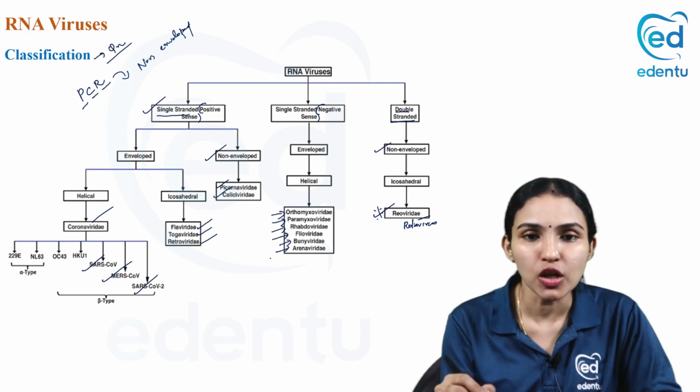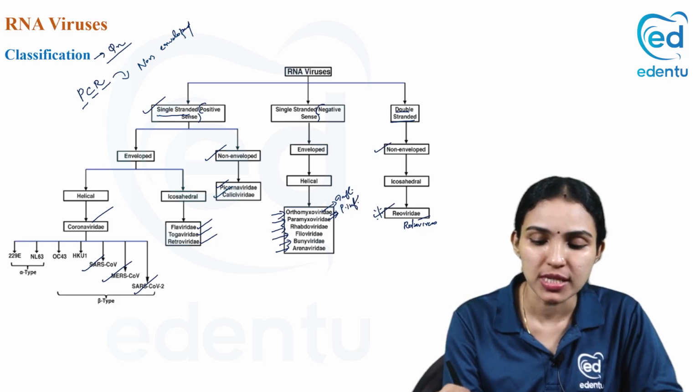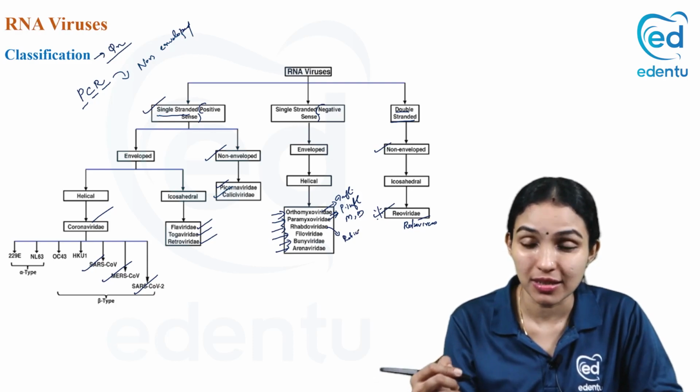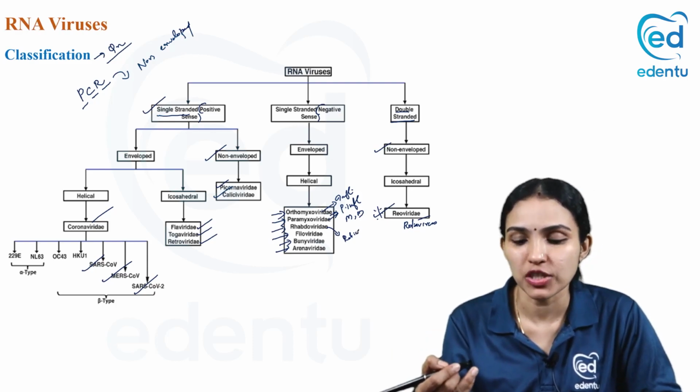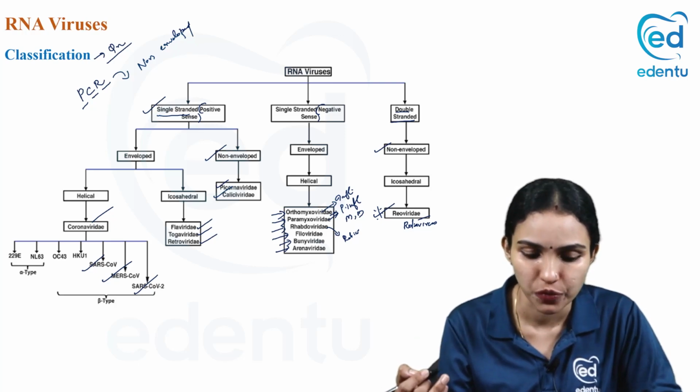Orthomyxo includes influenza, paramyxo includes parainfluenza, measles and mumps, rhabdovirus includes rabies virus, and the others are emerging viral infections, Filoviridae and Arenaviridae, which contain viruses causing hemorrhagic fever.